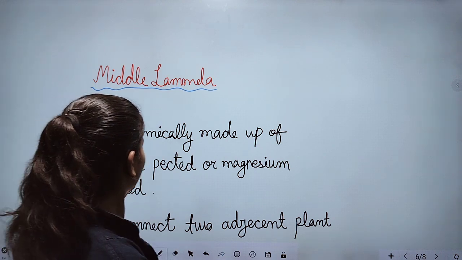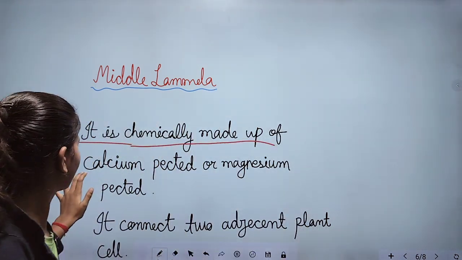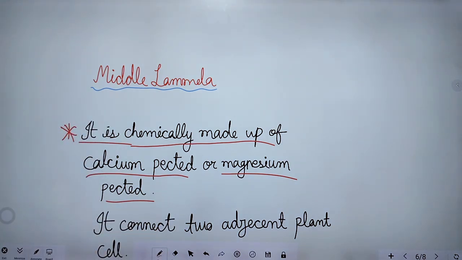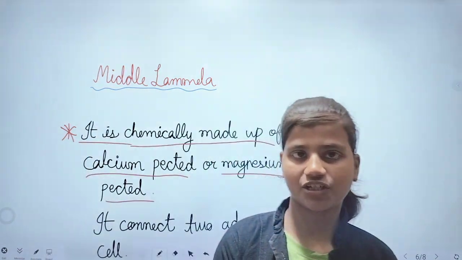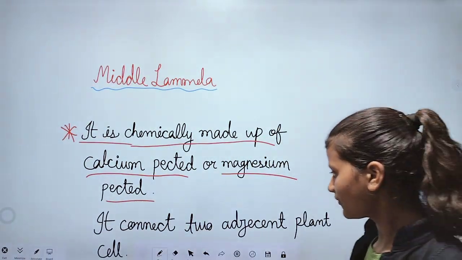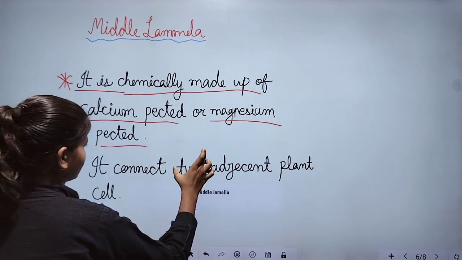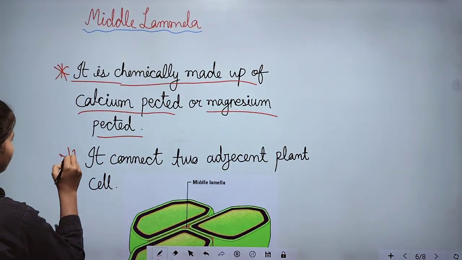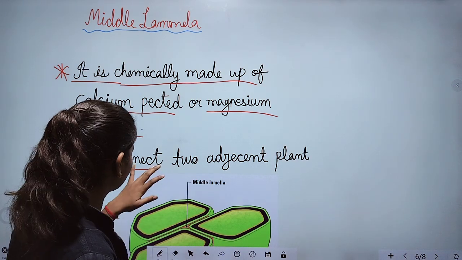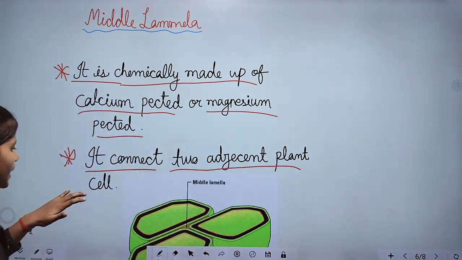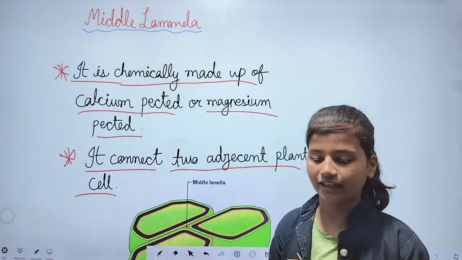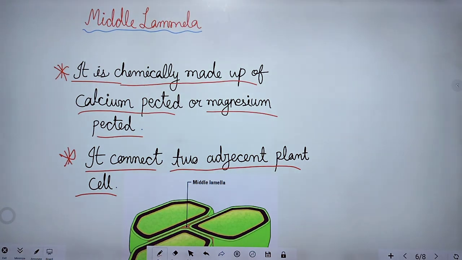It is chemically made up of calcium pectate or magnesium pectate. It connects two adjacent plant cells.